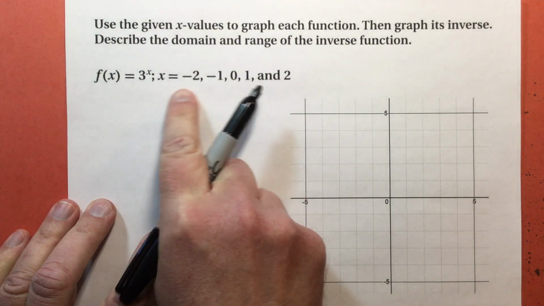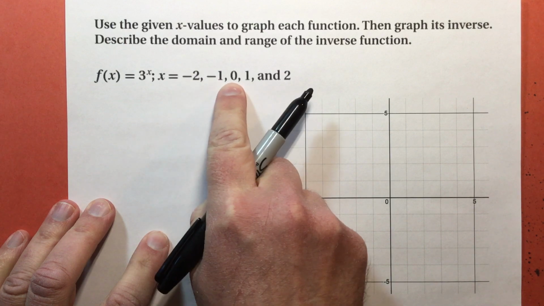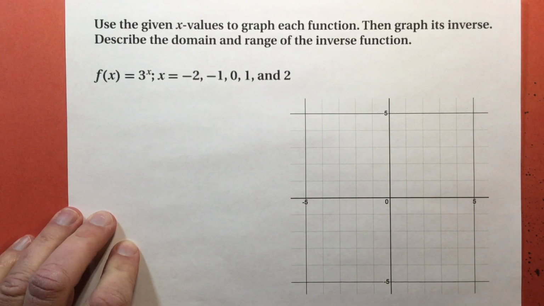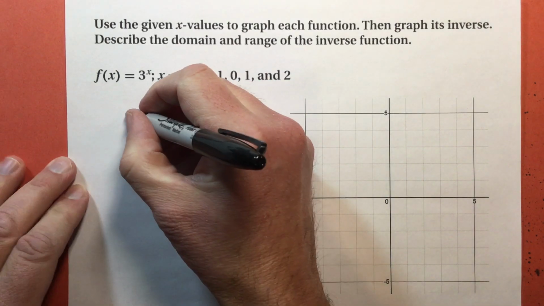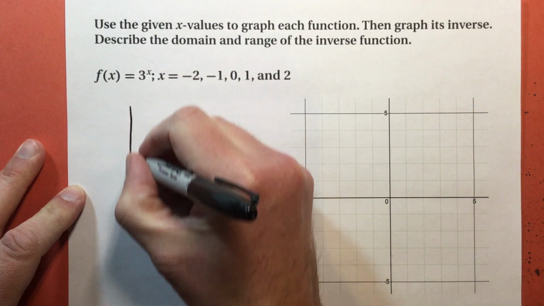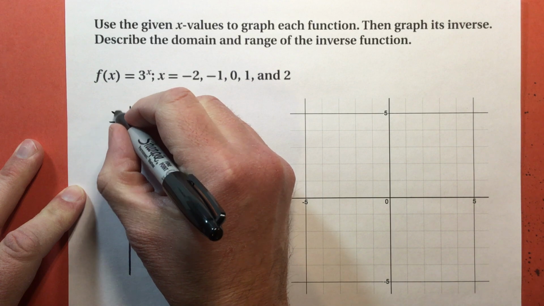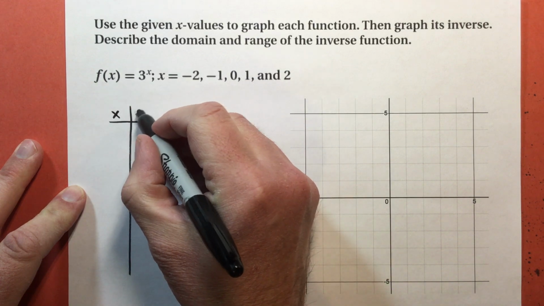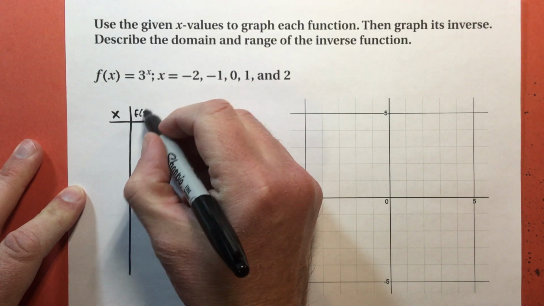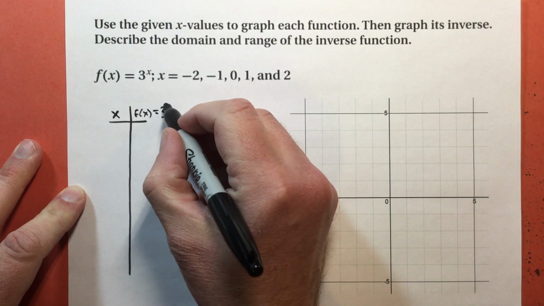Okay, so we want to do x equals -2, -1, 0, 1, and 2. Those are just the ones we want to pick. We can obviously choose more if we need to make more of our graph. So here's x, and here's f of x, which equals 3 to the power of x.